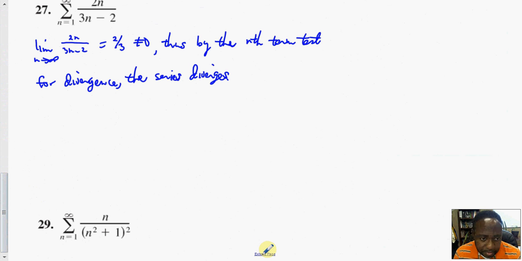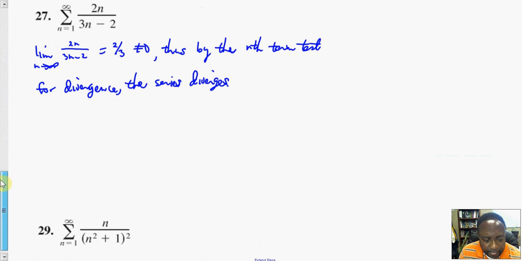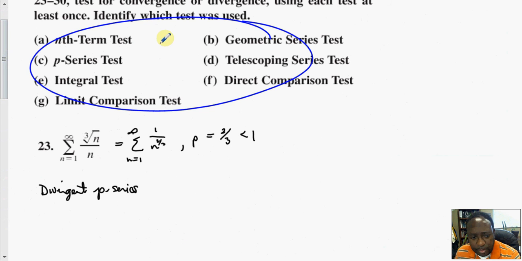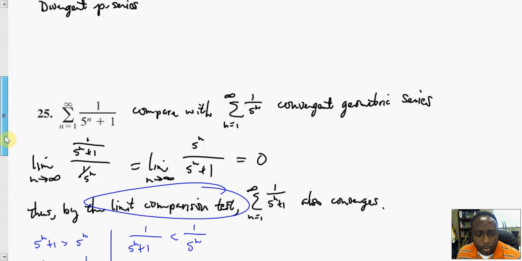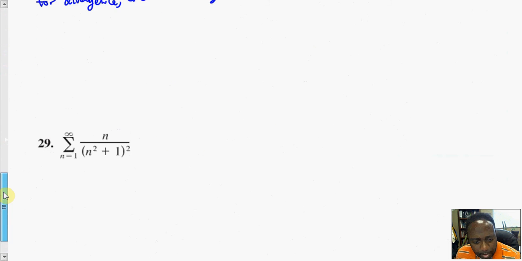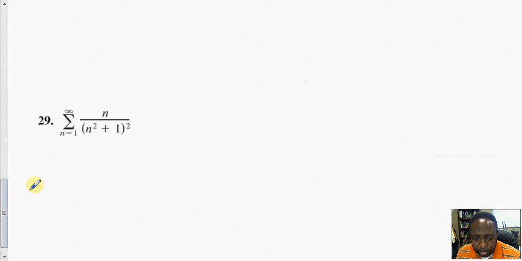And with these series, when they give you an open question like this, where you can use any of these methods, you can use more than one method and you should get the same result. This problem, you can use the integral test, or you can use the limit comparison test. You get the same result.